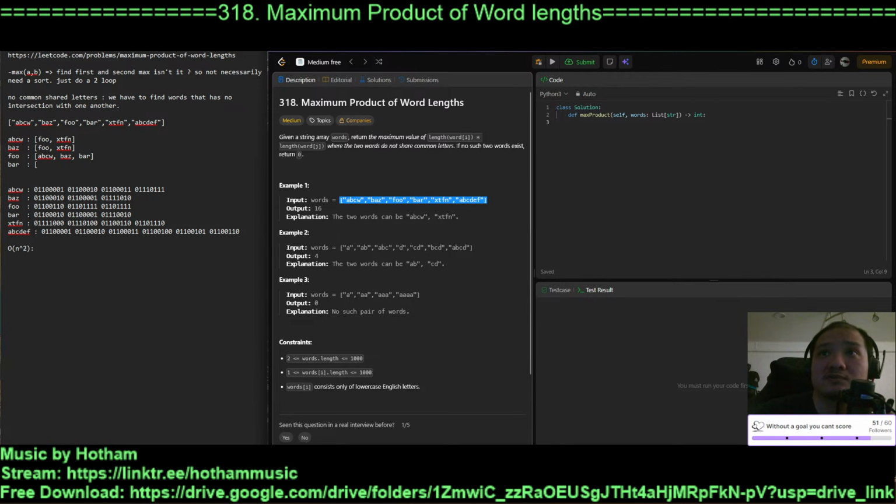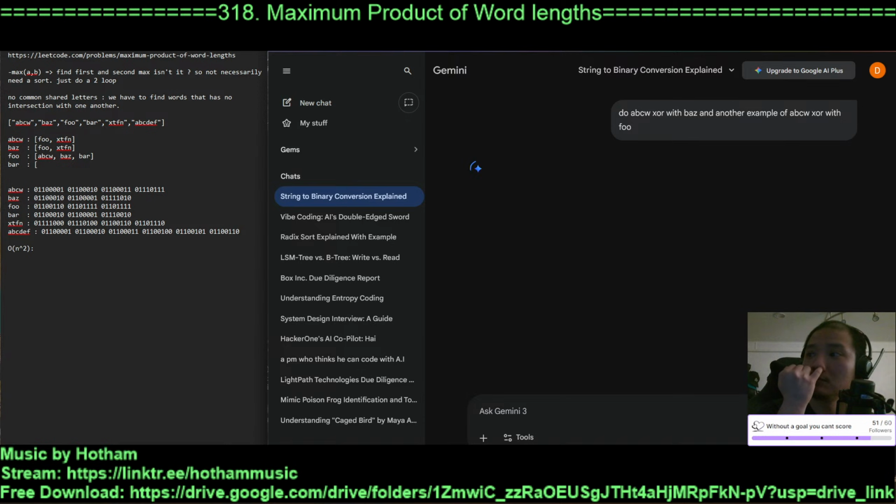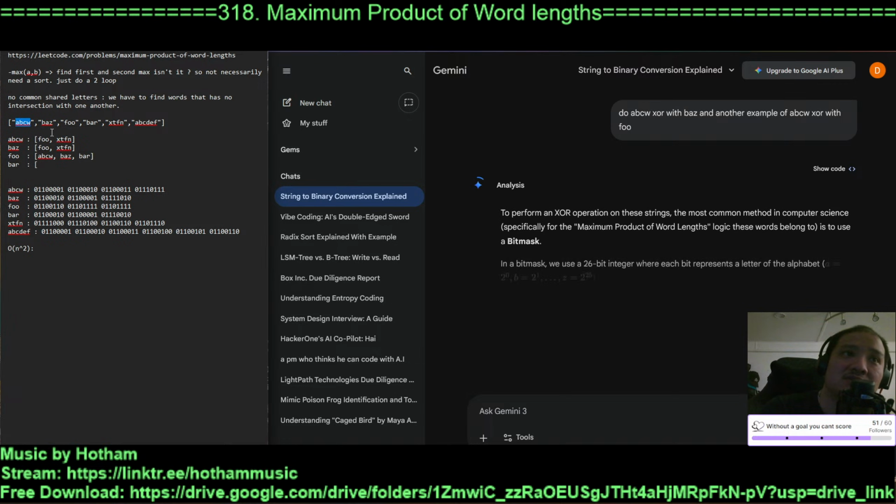For example, do ABCW XOR with BAZ, and another example, ABCW XOR with foo, right? So at least that's the way that we can find if they share a common letter or not. Otherwise, we probably have to construct a trie, right?